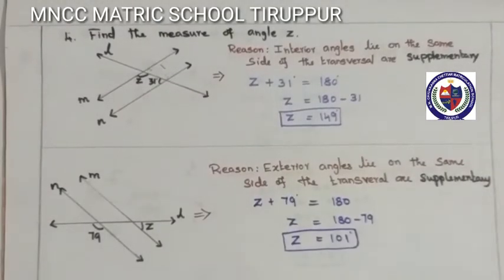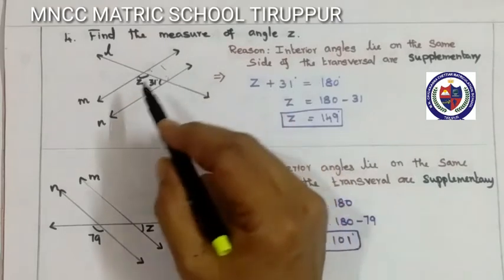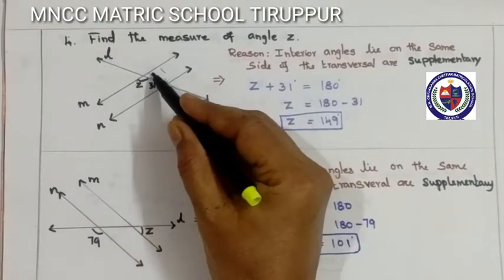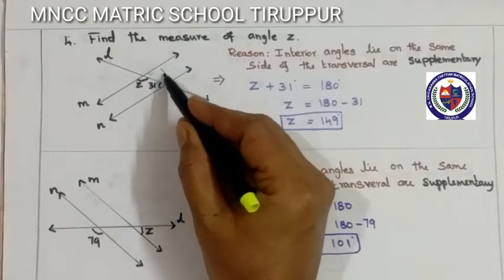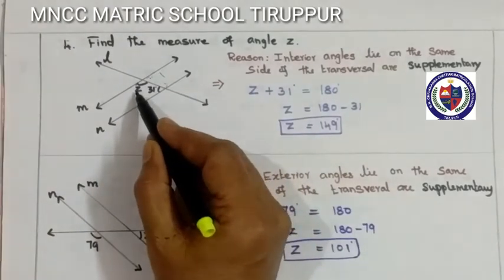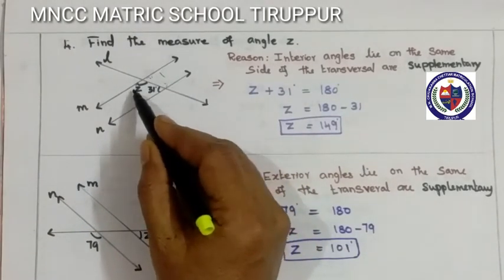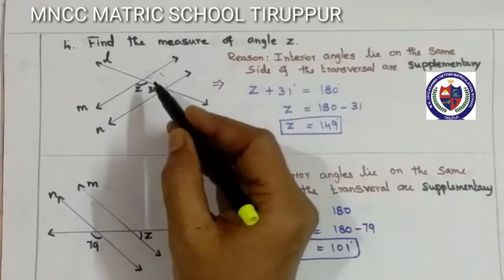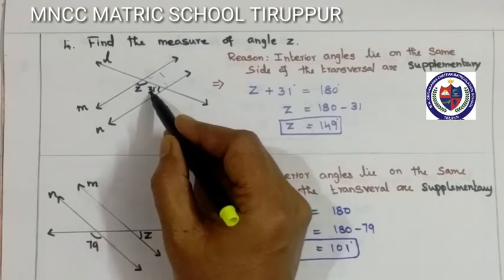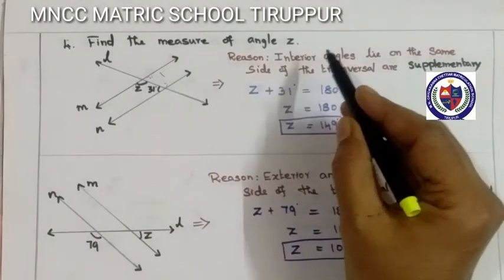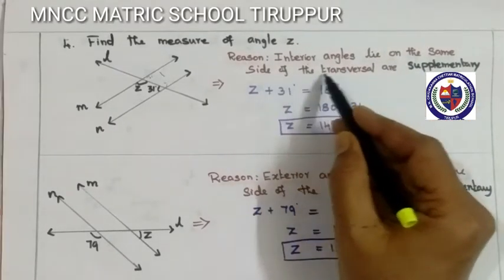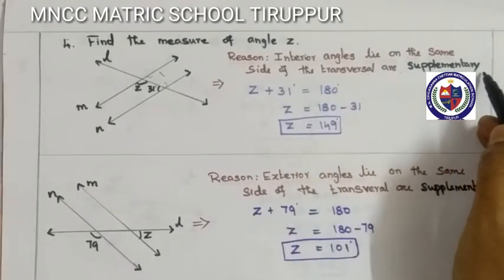Fourth sum. Find the measure of the angle Z. Listen to the question. In these angles 1, 2, 3, 4, the four angles are interior angles. Z and 31 are interior angles on the same side of the transversal. Reason: interior angles on the same side of the transversal are supplementary.